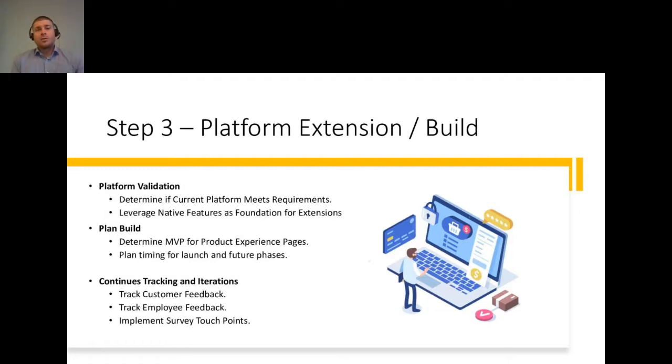Within the commerce space, we like to plan for MVP for launch, but what does phase one look like? What does phase two after look like? And some of that you won't necessarily know at the start. You might have to launch your MVP, see how your customers react, and pivot. You can only get so much information up front.